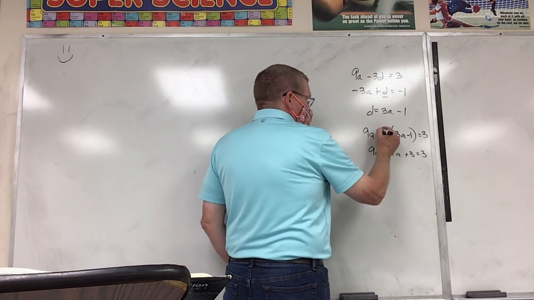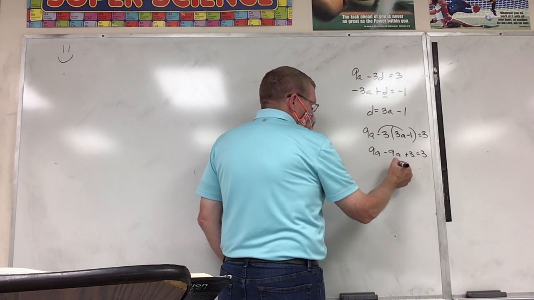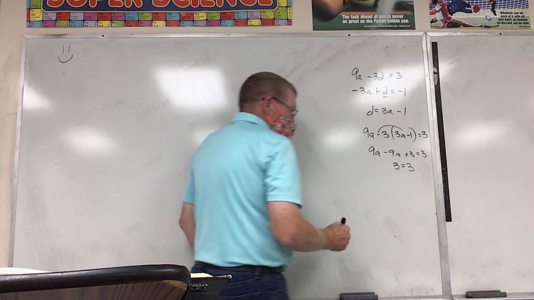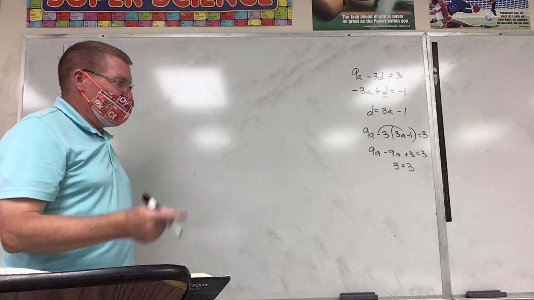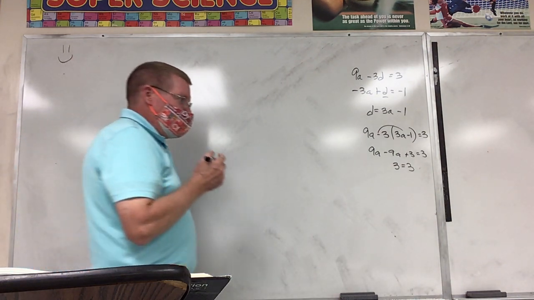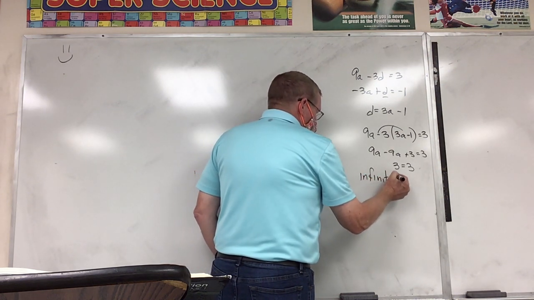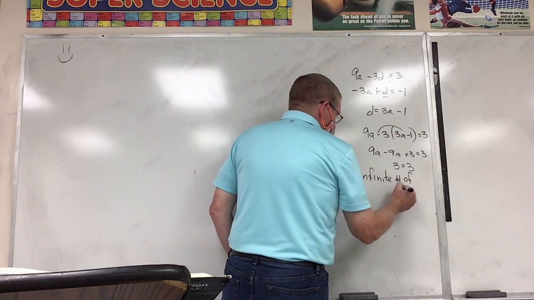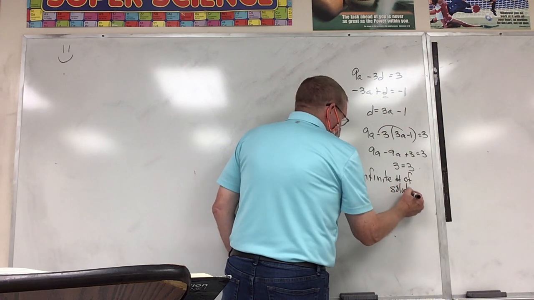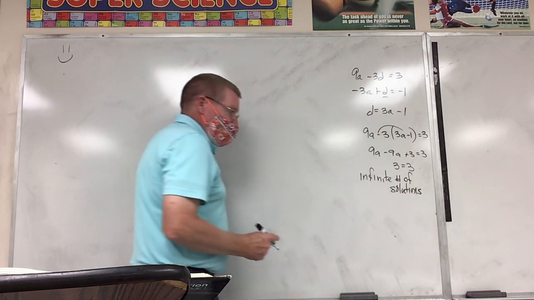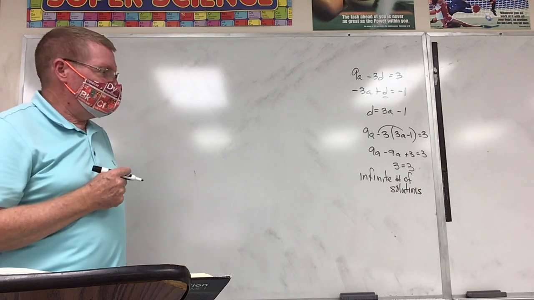That should be a plus, since the minus sign distributes. So 3 equals 3. There's no a, there's no d, so therefore it's a true statement. That means it's an infinite number of solutions.